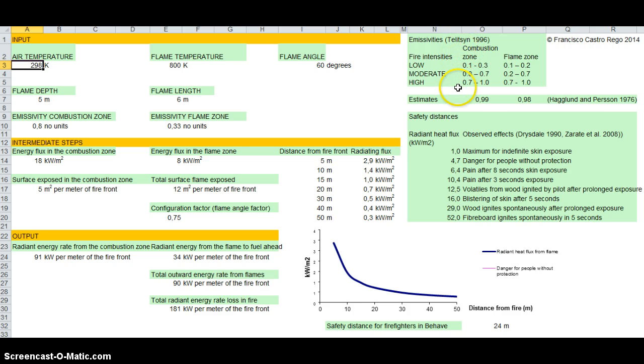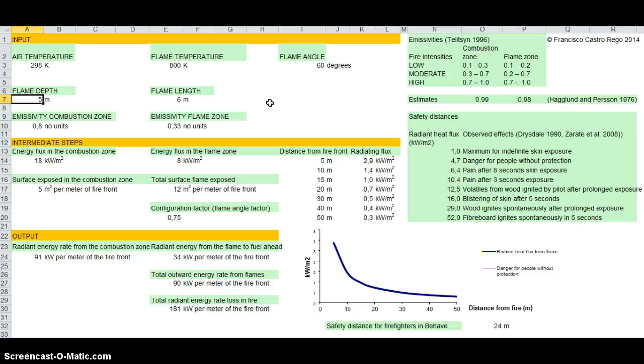And we can also have estimates that are observed by other researchers and are dependent on the different characteristics of the flames. For instance, if you have a flame depth of 5, you'll have an emissivity of 0.99. So very deep flames will have an emissivity very close to 1.